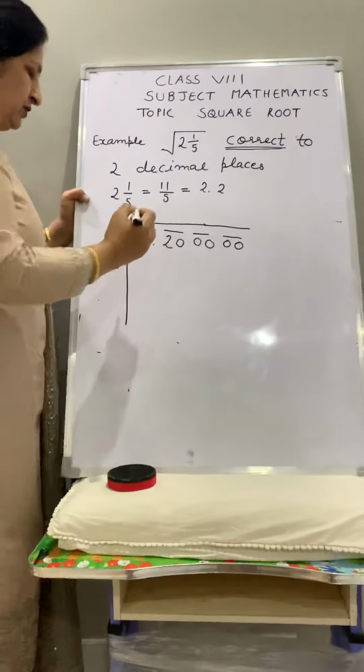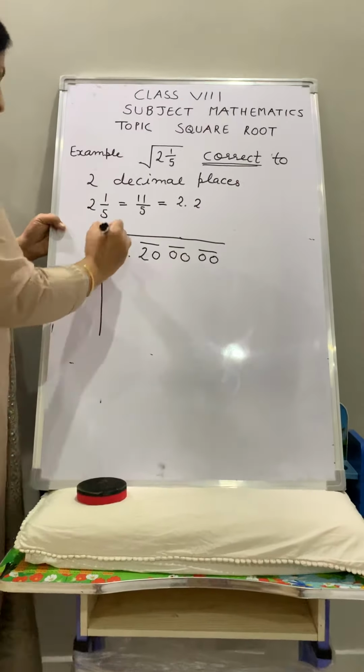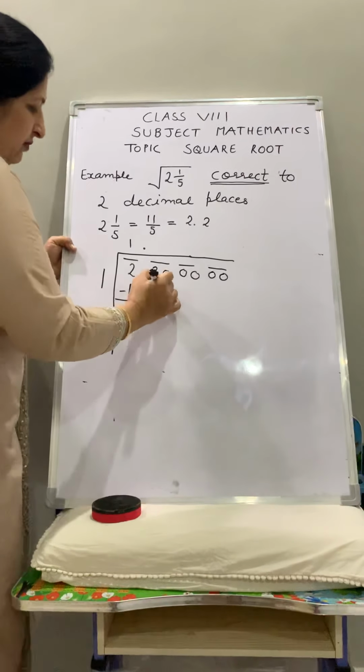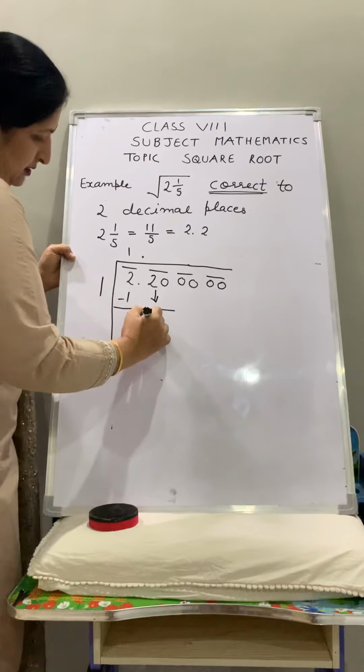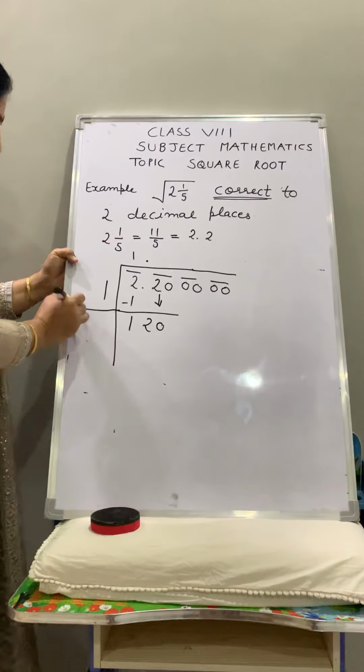Now we will use the long division method. 1 1s are 1. 2 minus 1 is 1. We put the decimal here. We will bring down the next period.